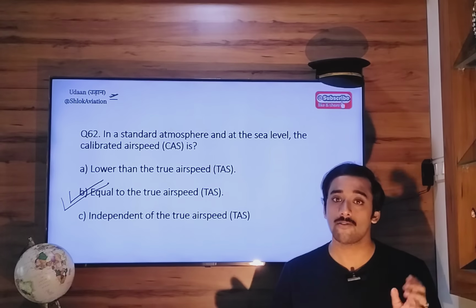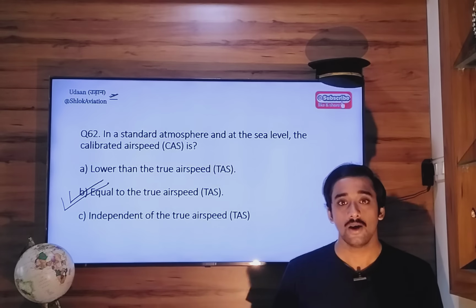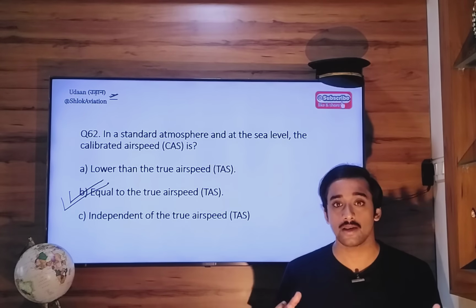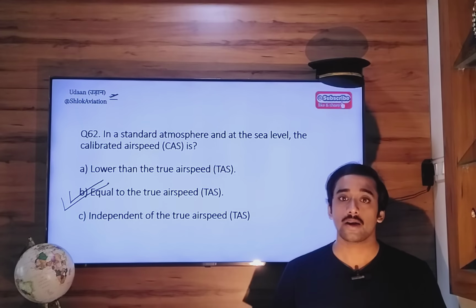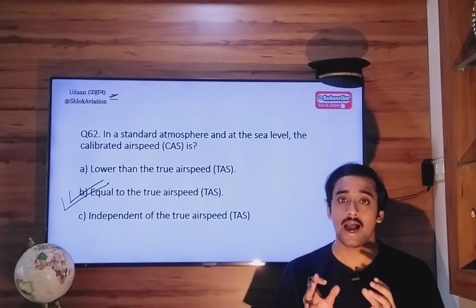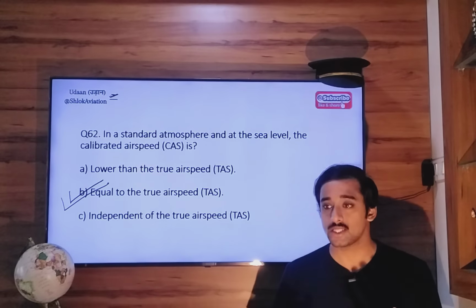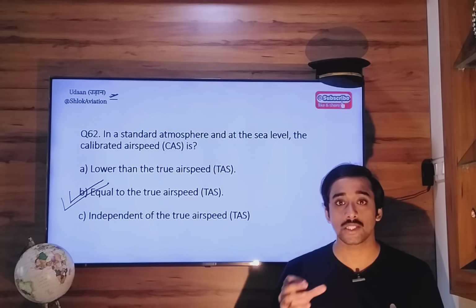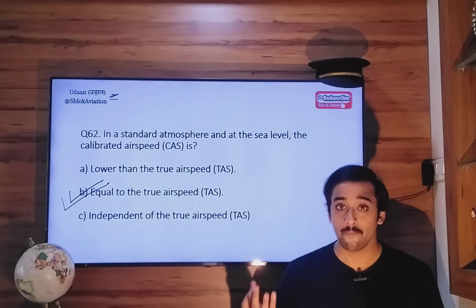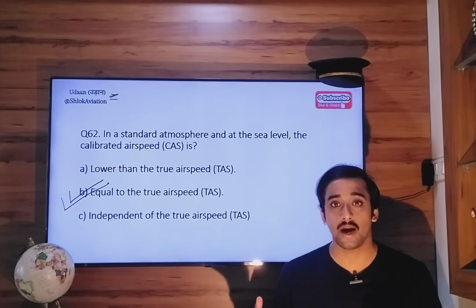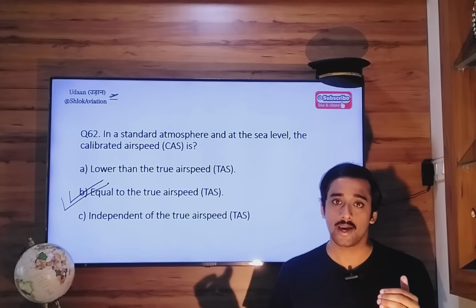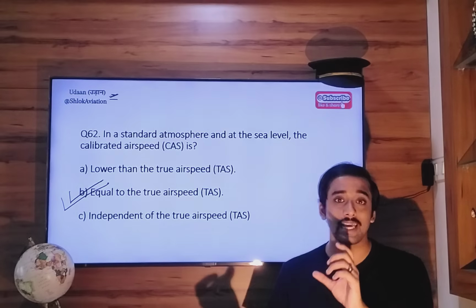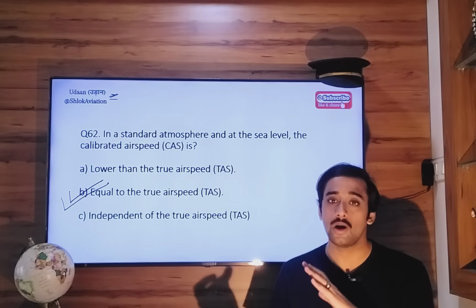Now, this will happen if you're flying at high altitudes where pressure in atmosphere is lower than pressure at mean sea level or lower altitudes. So this is always possible, but when you are actually flying in strict ISA conditions, when the pressure, temperature and other conditions at sea level or at any other altitude are equal to those specified by ISA atmosphere, in that case, the calibrated airspeed shown by your airspeed indicator will be equal to the true airspeed that you are flying your aircraft.